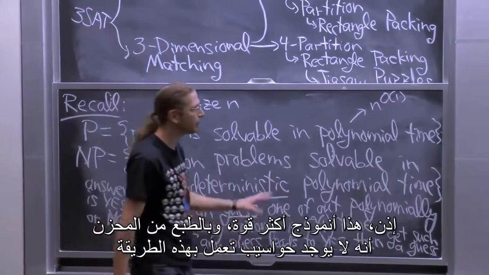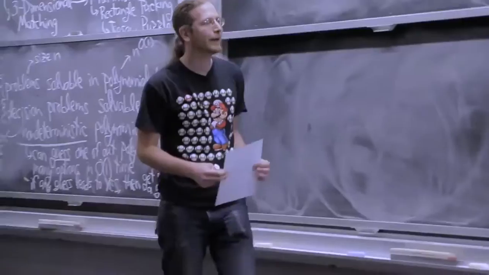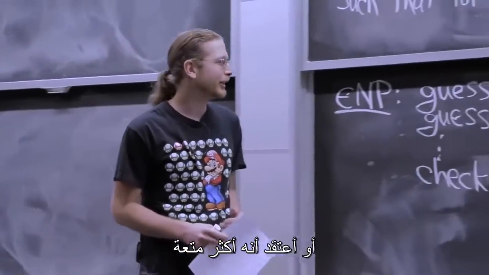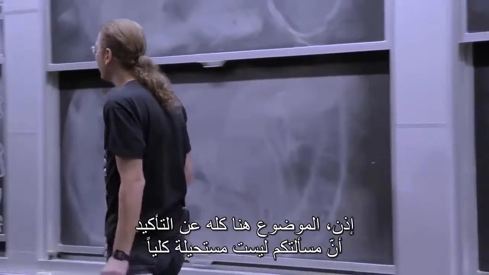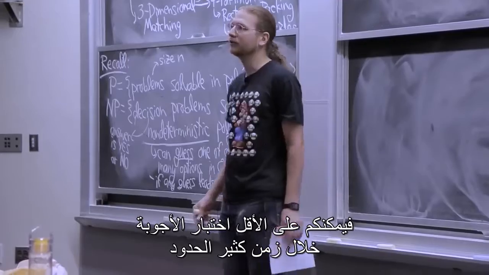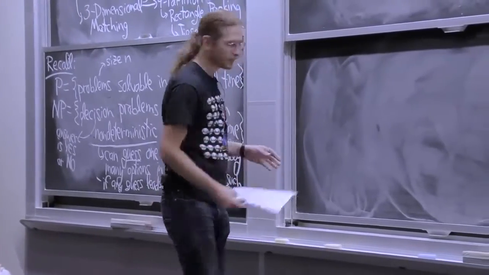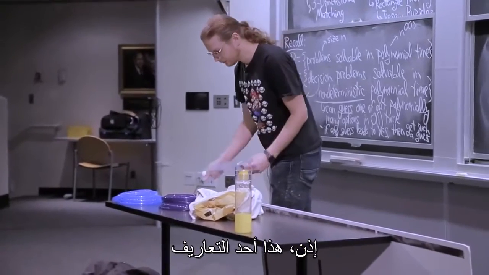So this is a much more powerful model. Of course, there's no computers that work like this, sadly. Or I guess more interestingly, this is more about confirming that your problem is not totally impossible. At least you can check the answers in polynomial time. So that's something.